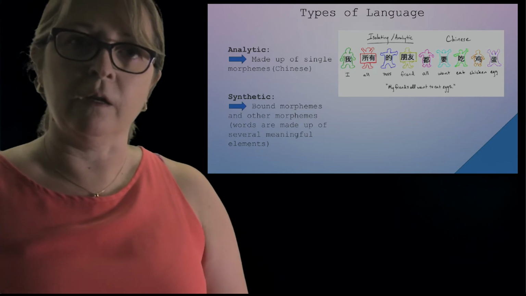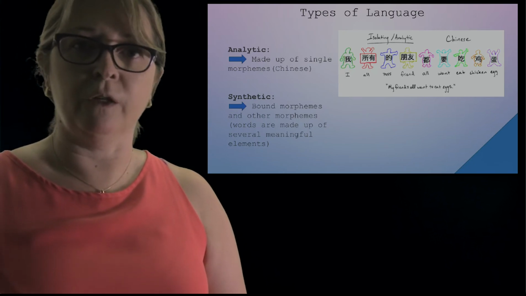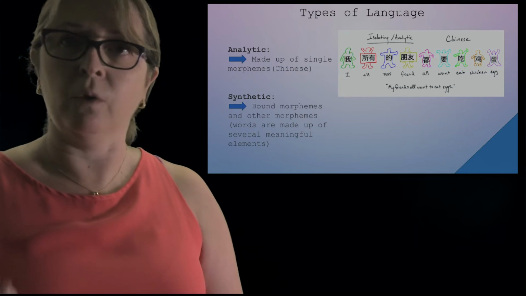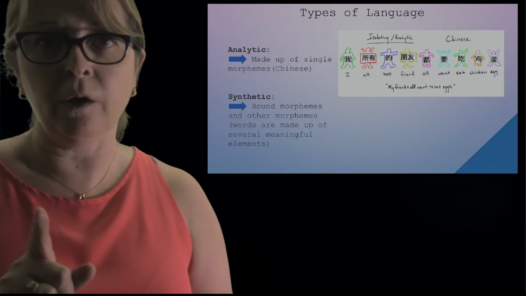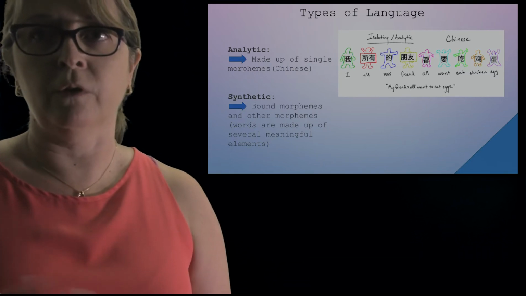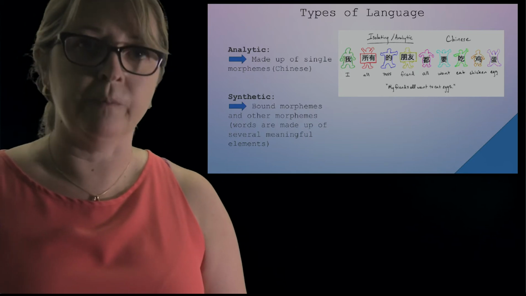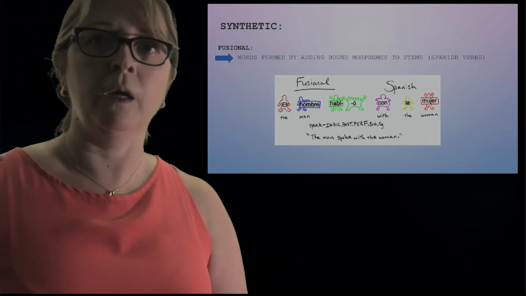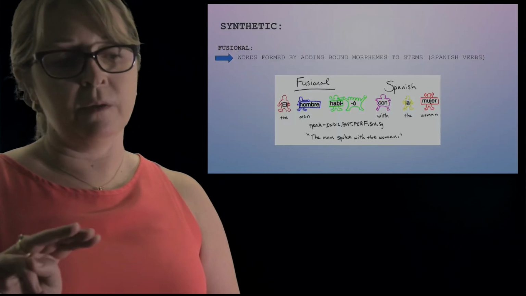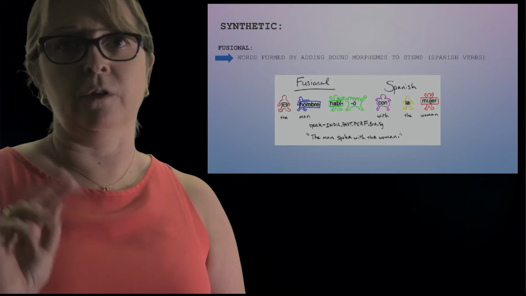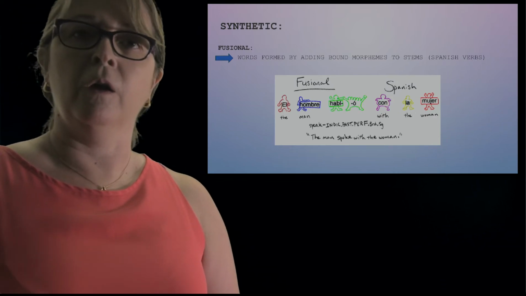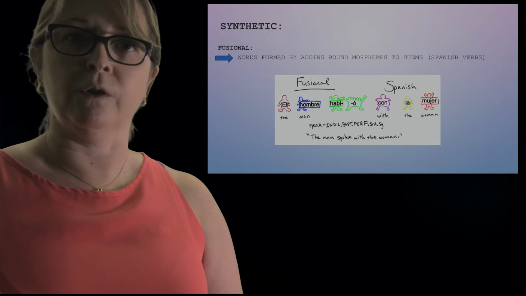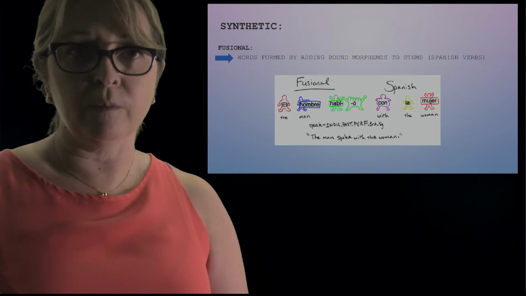So that's analytic, putting certain parts together, but they're all separate morphemes. Then you have synthetic, which is bound morphemes and others. So words can be made up of just one or several meaningful elements, right? The three different types of synthetic languages are fusional, in which words are formed by adding bound morphemes to stems.